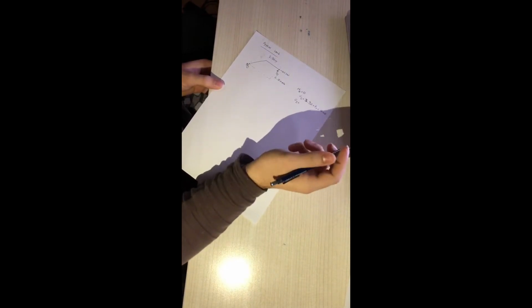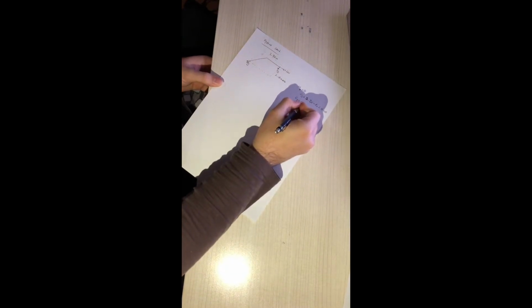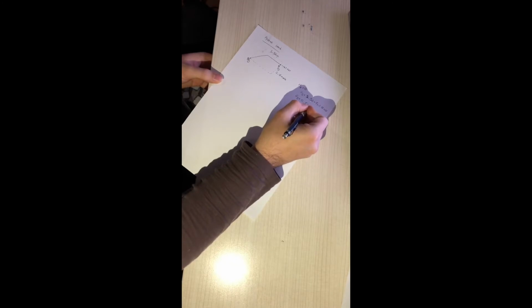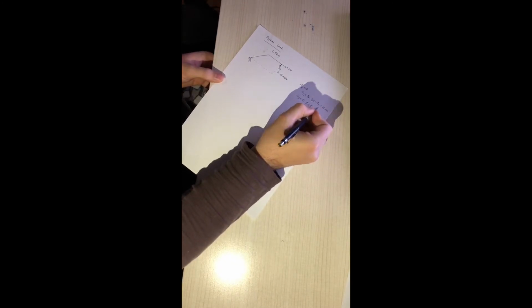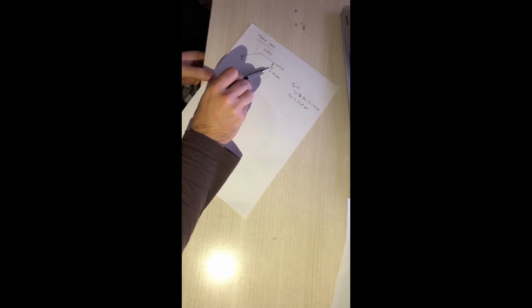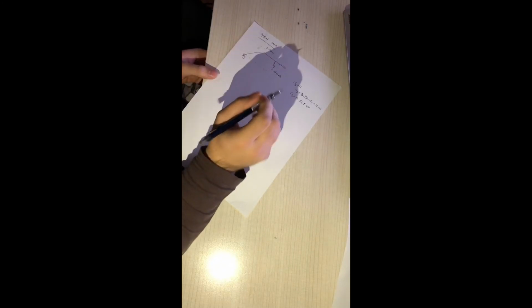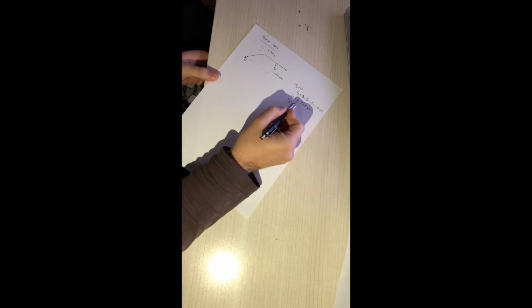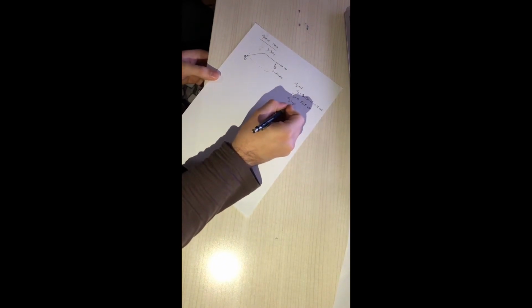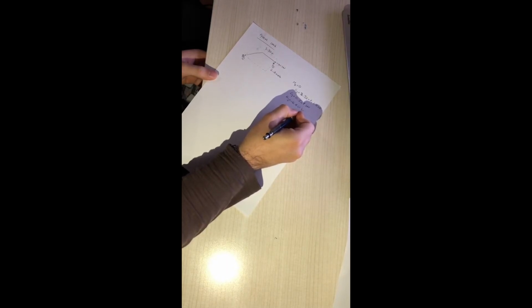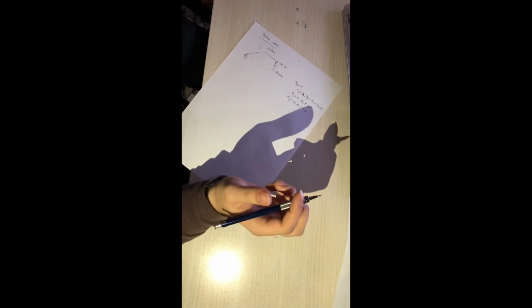Cy equals 0.541 kilonewton. We have only two forces, Cy and Ay, so Ay equals minus 0.541 kilonewton.